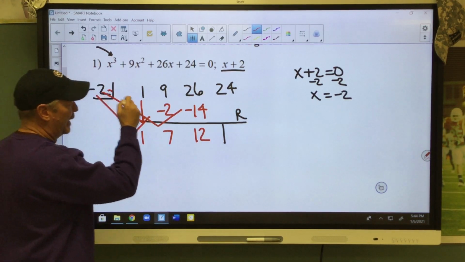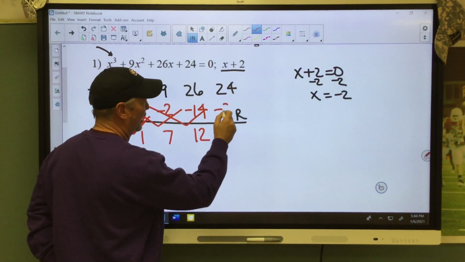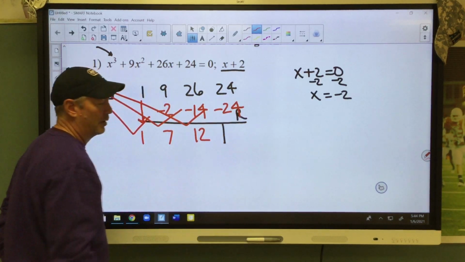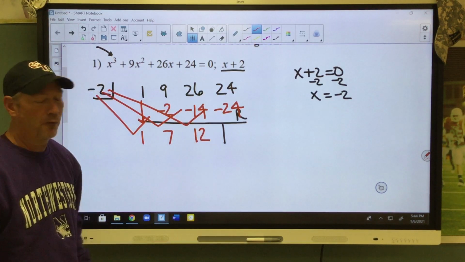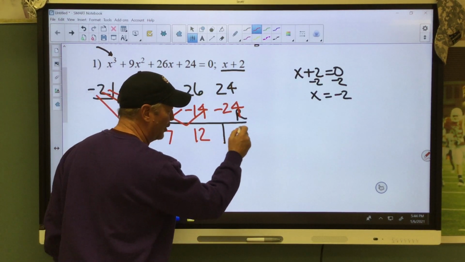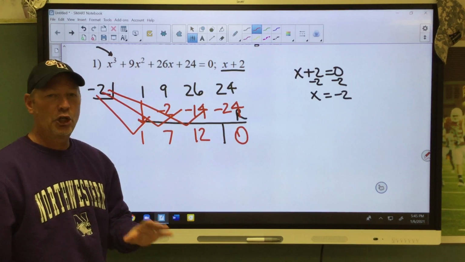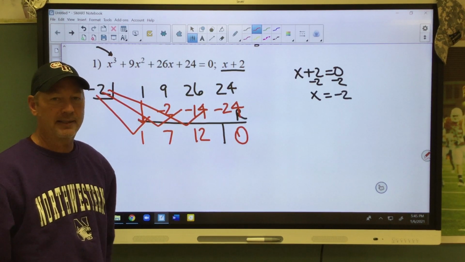You multiply. Negative 2 times 12 is a negative 24. That's a good thing. 24 minus 24 is a 0. My remainder is 0. That's a good sign. That means I'm doing something right.